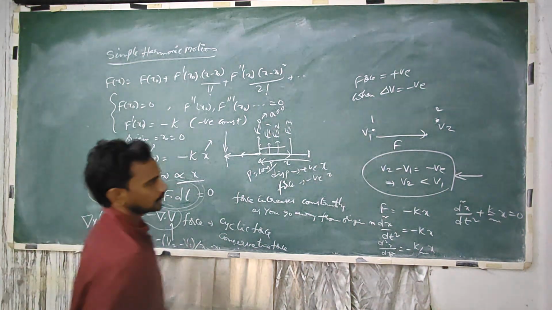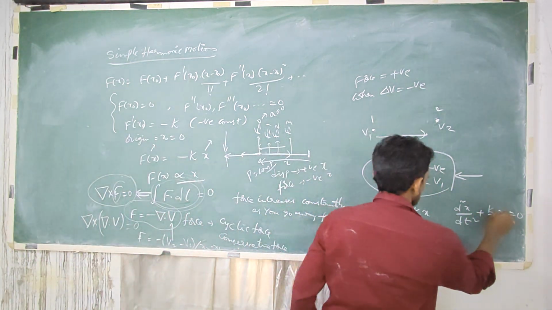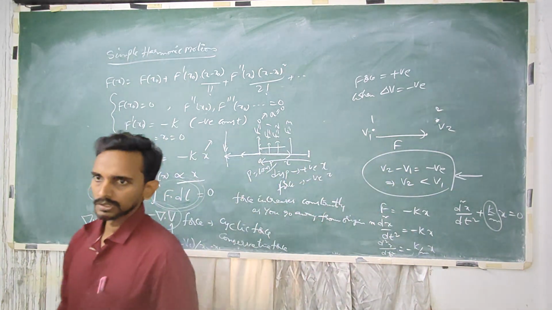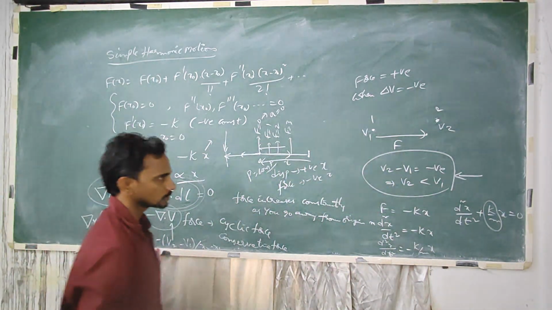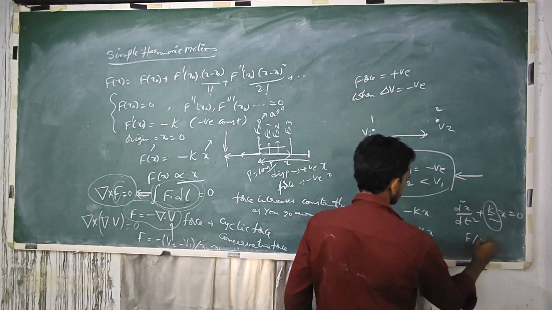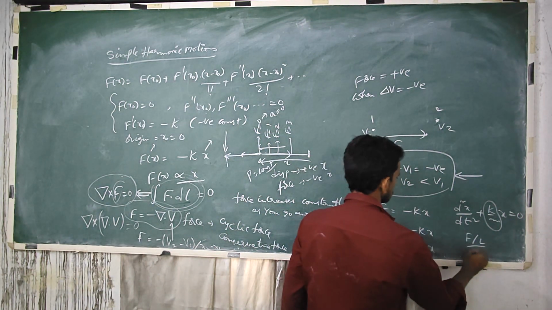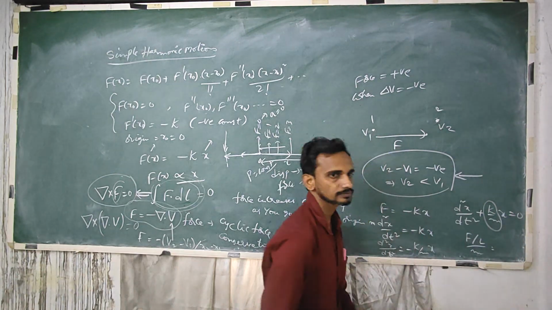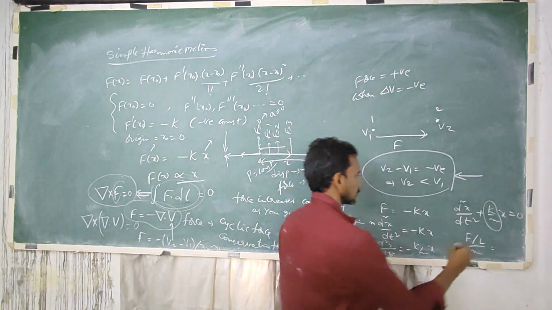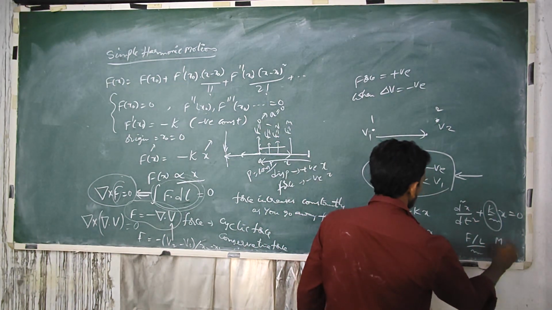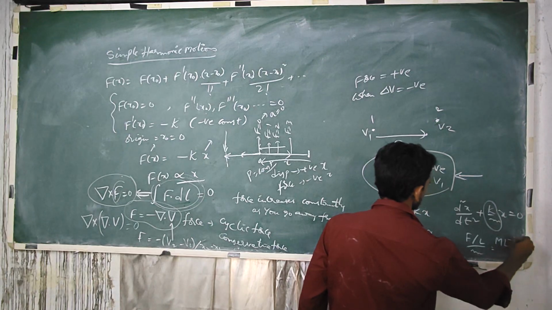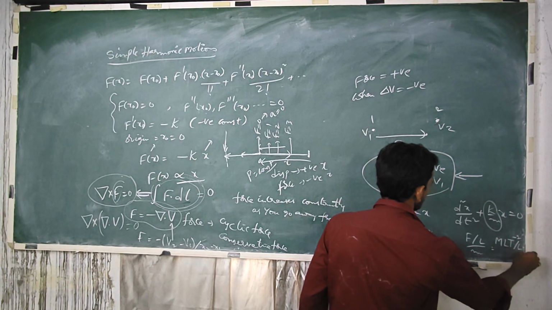Okay, so what are the units of this function k by m? K is force per unit length, divided by mass. If you check the dimensional formula, force is mass into acceleration, so m L t power minus 2, divided by L, divided by m.